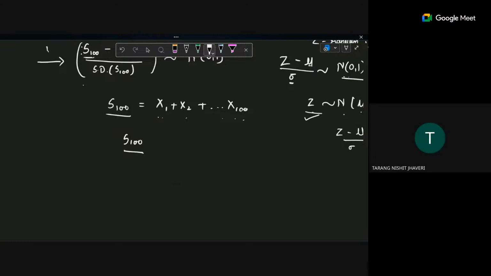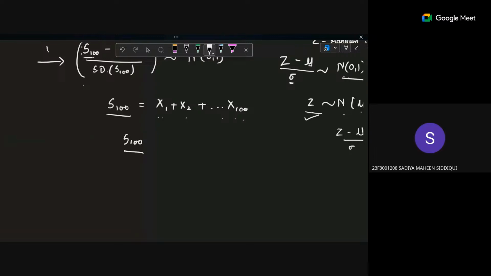Ma'am, because of MGF, we can prove that it is following a normal. Because when we do the MGF, the end formula is the same as the normal MGF. You are somewhat more or less correct, but I need a clear idea.